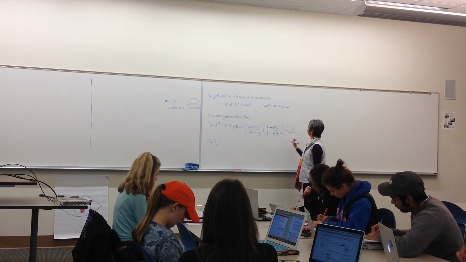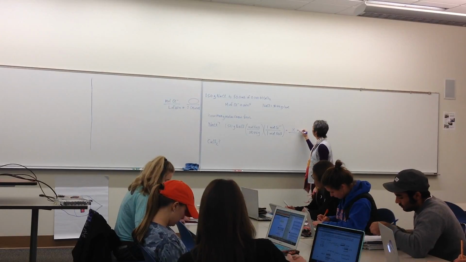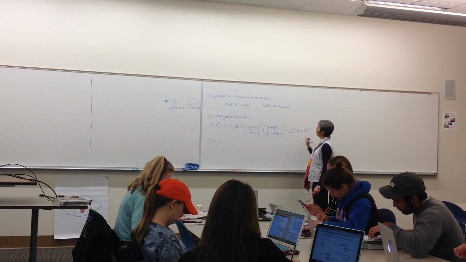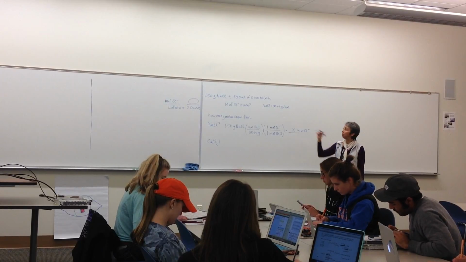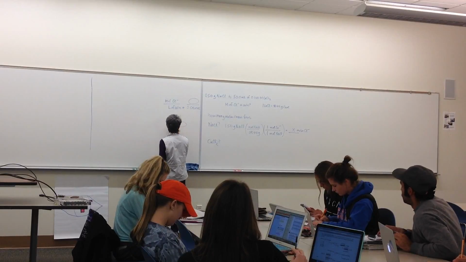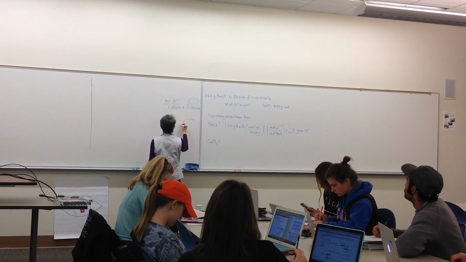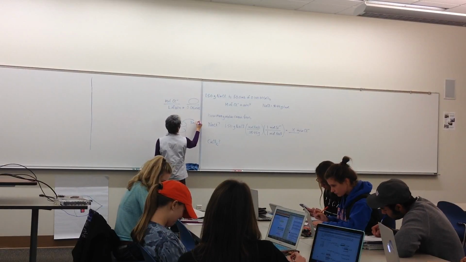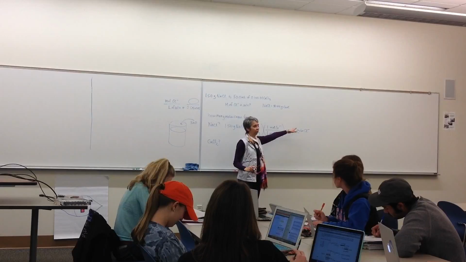I'm going to call it X. It's going to be X moles of Cl minus. So by dumping this mass of sodium chloride into our beaker, we have just dumped in X moles of chloride, whatever that number is.